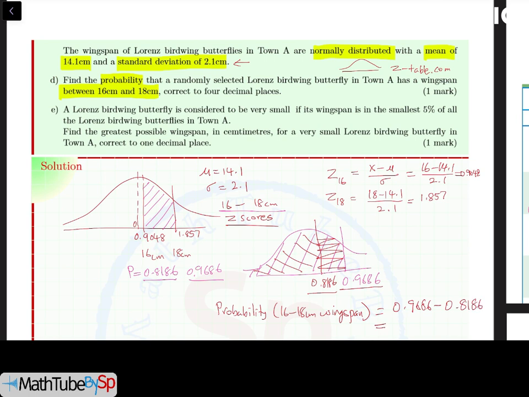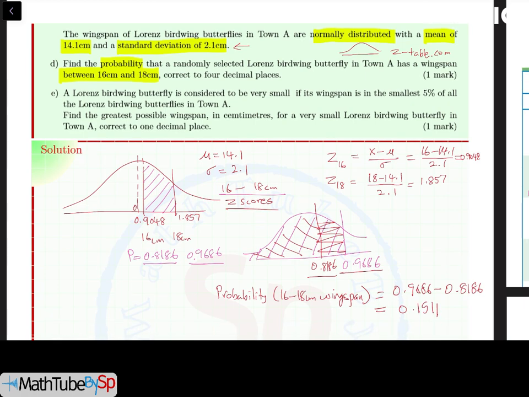That gives me 0.1511, so the probability is 0.1511, or 15.11%. They asked us for 4 decimal places, so that is 0.1511.